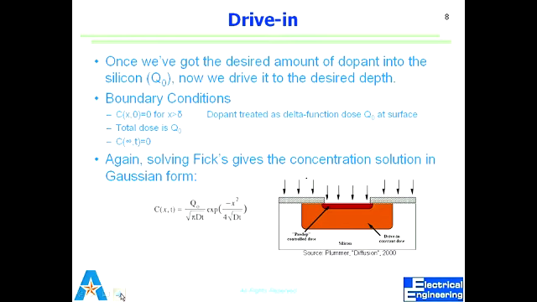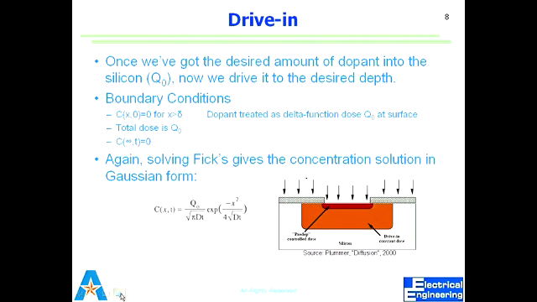Now in this case, we don't have an unlimited supply, but what we have is a delta function close to the surface, which is the pre-deposition. And this is now what we use to drive it. So in this case, C(x, 0) is 0 for x above this delta function, right?